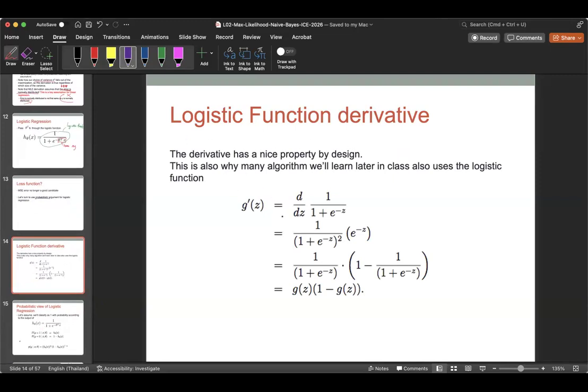If you take the derivative, let's say g is the logistic function, the derivative of this function is the same function times 1 minus the function. It has a very nice form.